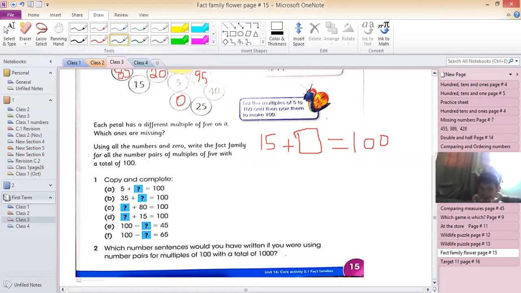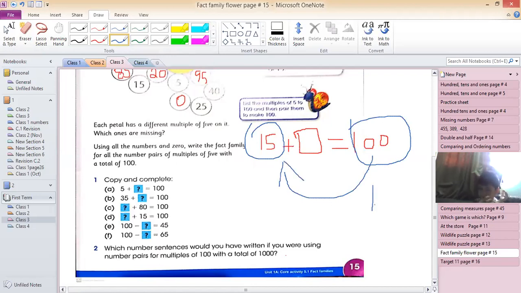A very easy way: subtract the smaller number from the bigger number. Here the bigger number is 100, the smaller number is 15. Subtract 15 from 100. From 0 you cannot subtract 5. So 0 will ask for 1 from this 0.